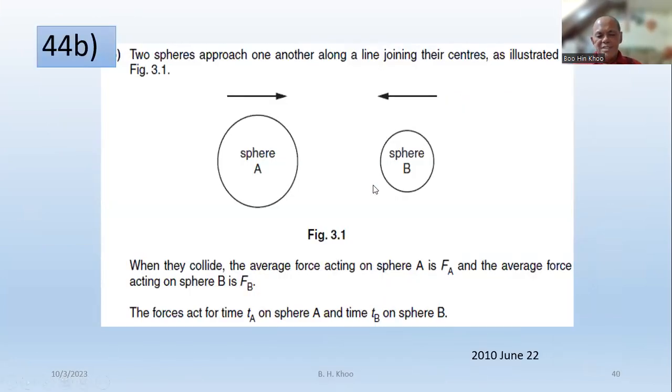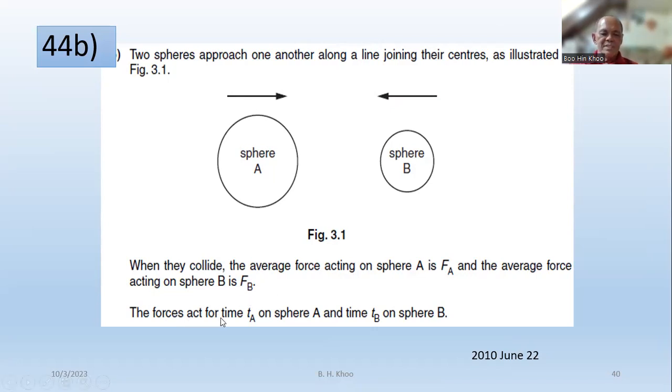Okay, this is 2010 June paper 22. Two spheres approach one another in the line joining their centers, as illustrated in figure 3.1. When they collide, the average force on the sphere A is Fa, and the average force on sphere B is Fb.